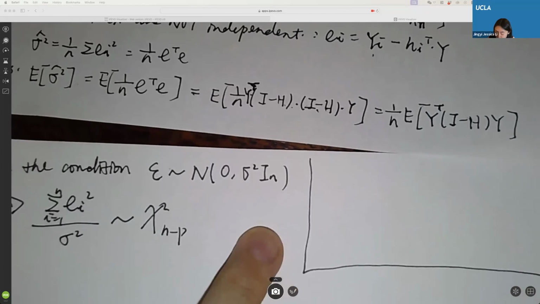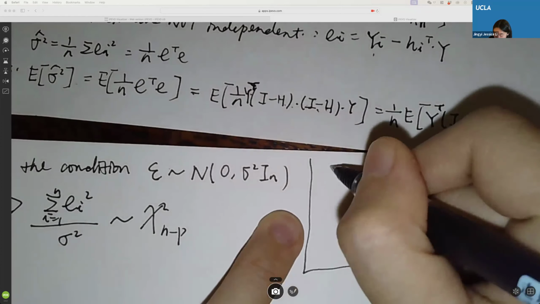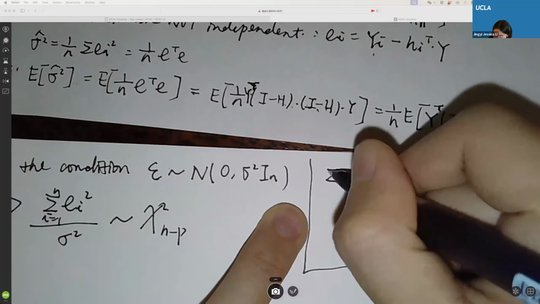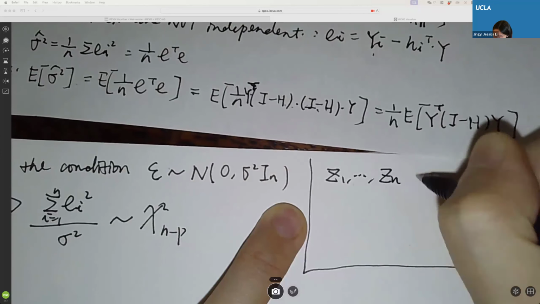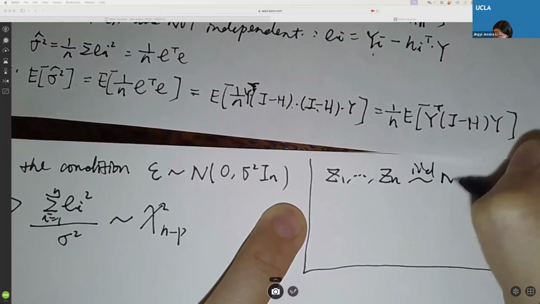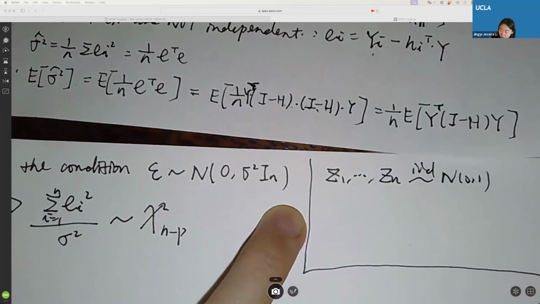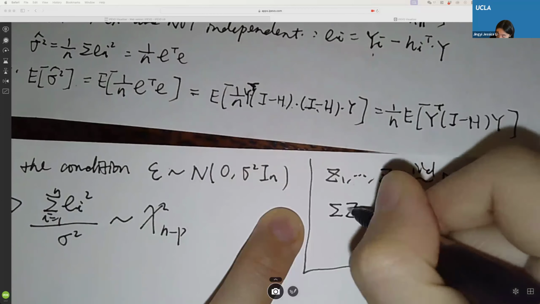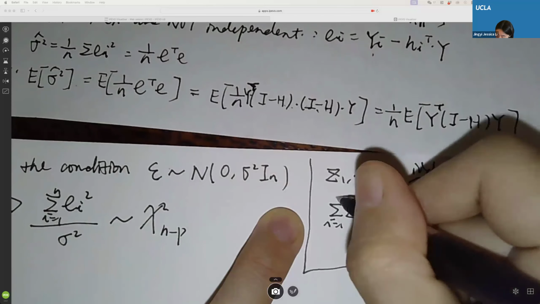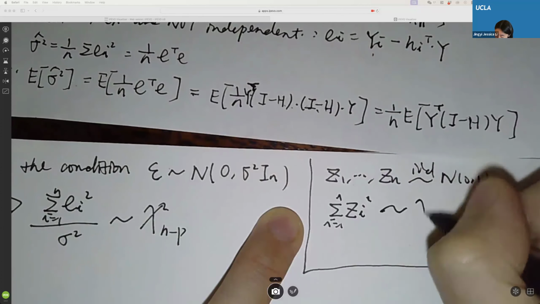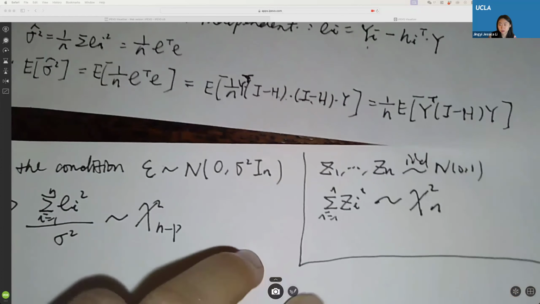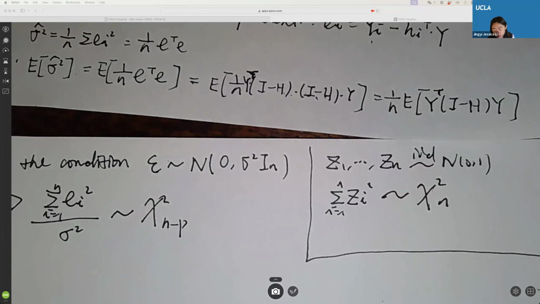The chi-square distribution is very simply defined: if you have z_1 to z_n IID standard Gaussian random variables, then the sum of z_i squared, i from 1 to n, follows a chi-square distribution with n degrees of freedom. So this is the definition of the chi-square distribution, and you can interpret it as a manually created distribution for simplicity.